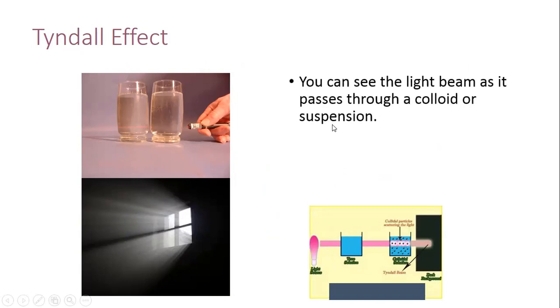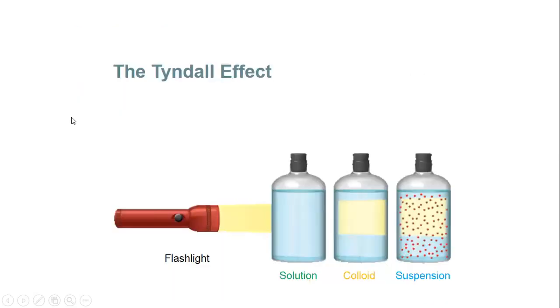You can see the light beam as it passes through a colloid or suspension. Particles scatter light. This is the Tyndall effect with the details. A flashlight. In the case of a solution, no effect. In the case of colloid and suspension, the behavior of light differs.